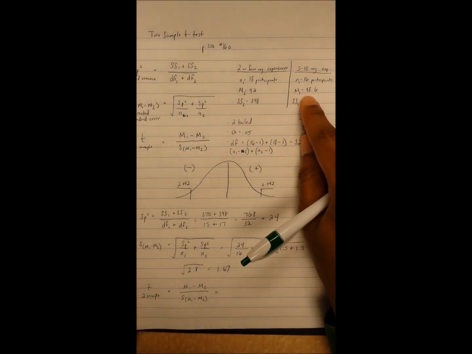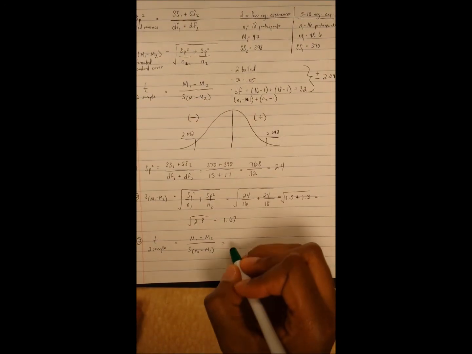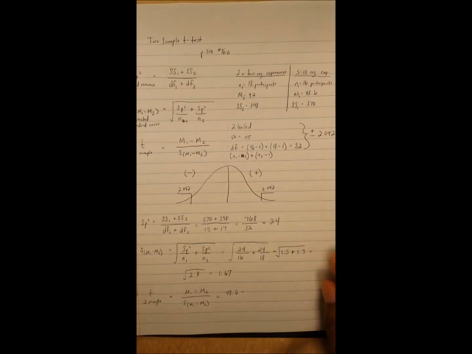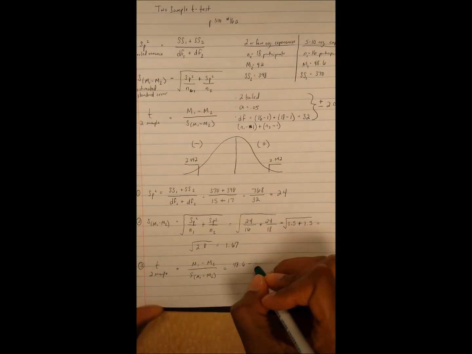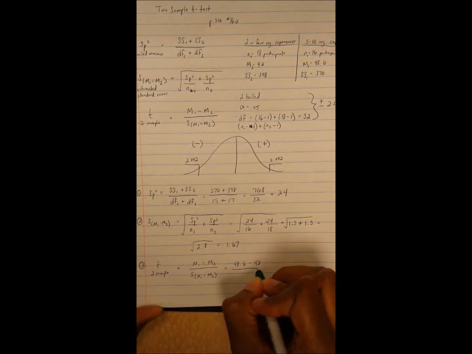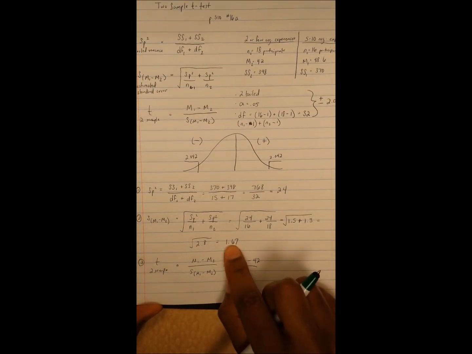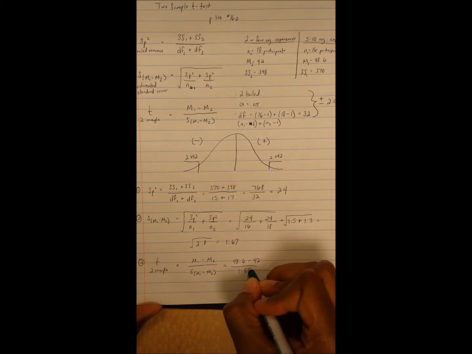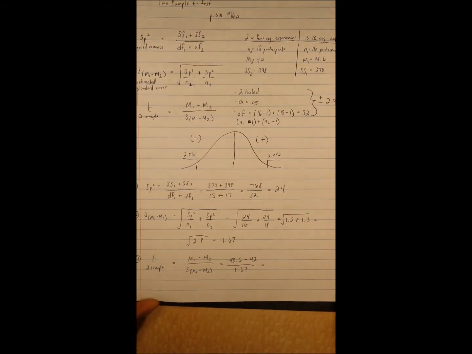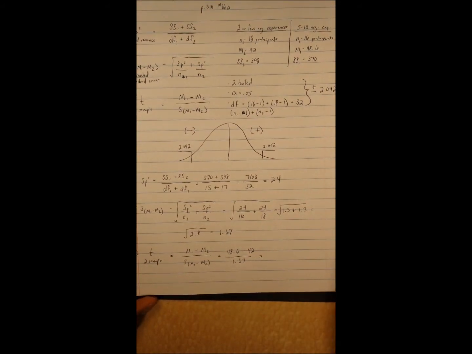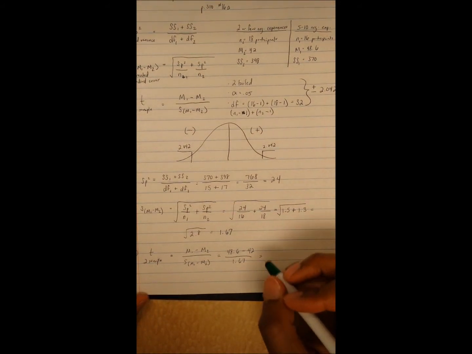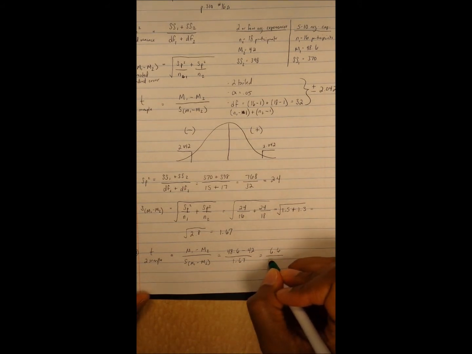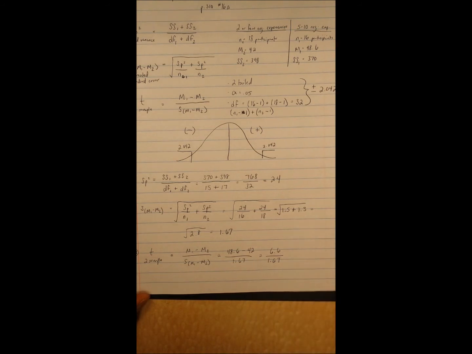So M1 was 48.6 minus M2, which was 42, over what we just calculated, 1.67. So that's your estimated standard error. So if we subtract 42 from 48.6, we will get 6.6. That's over 1.67.